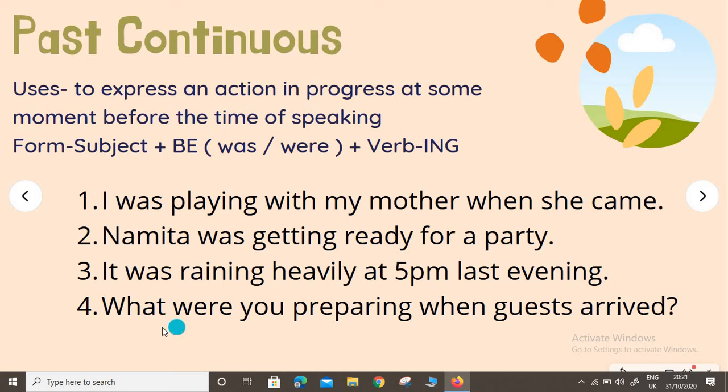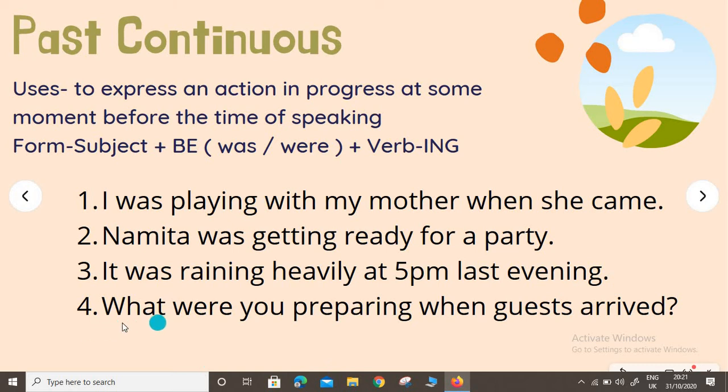Now if you have to make a question, then it would be, what were you preparing when the guests arrived? So in interrogative form, the helping verb is just placed before the subject.